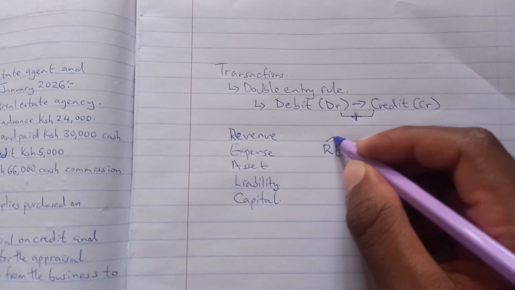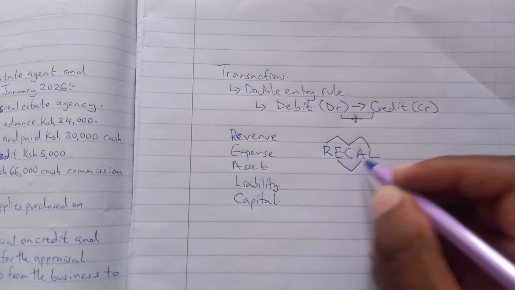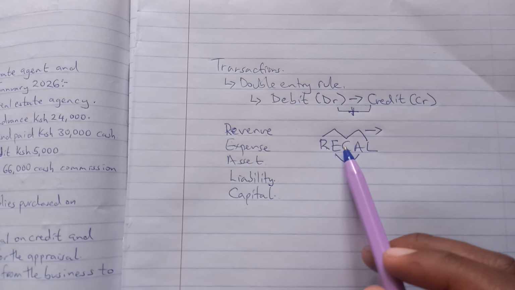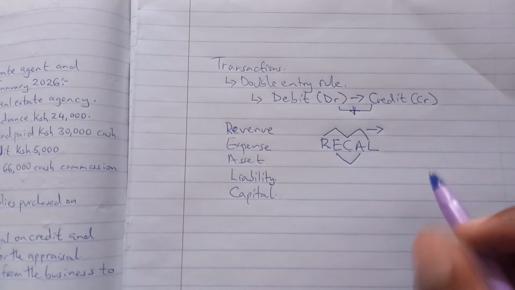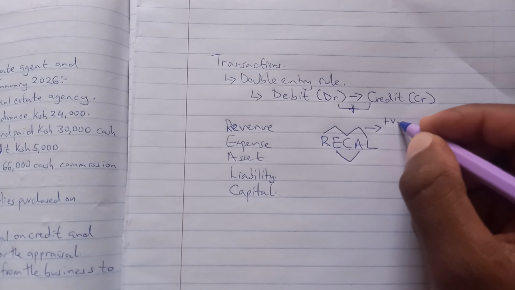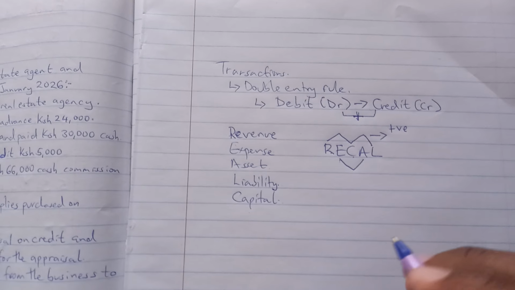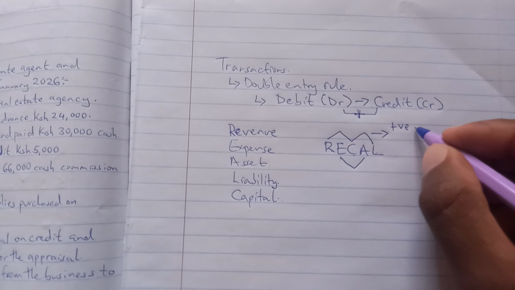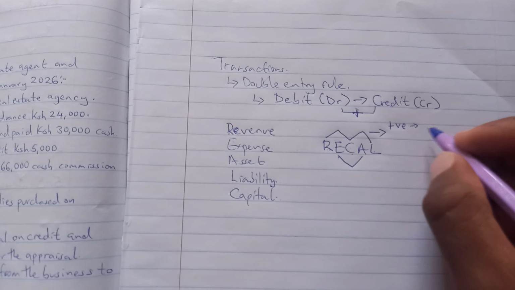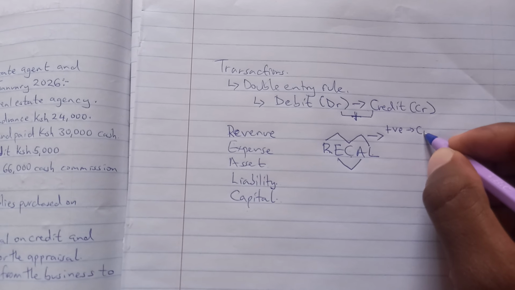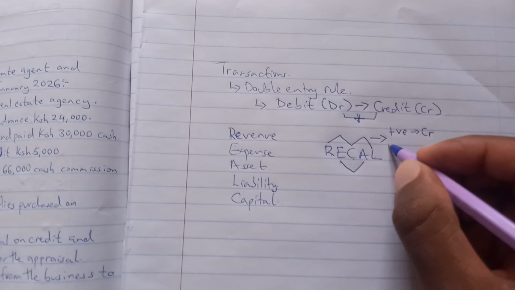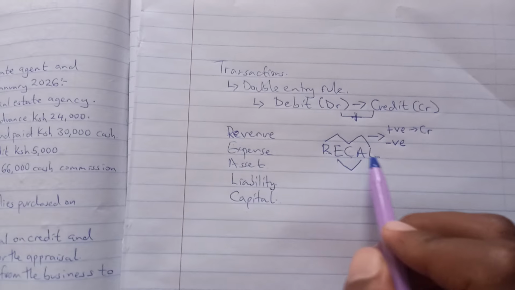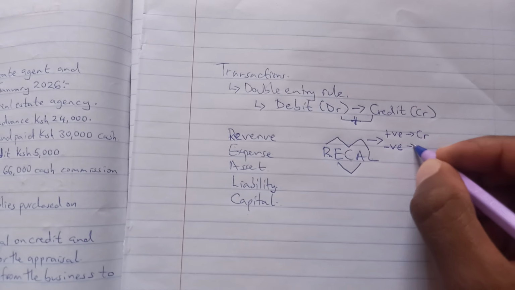What I said was that in this family consisting of revenue, capital, and liability, when there is a positive change, what will we do? Exactly, we will credit. When there is a negative change in revenue, capital, or liability, we debit.